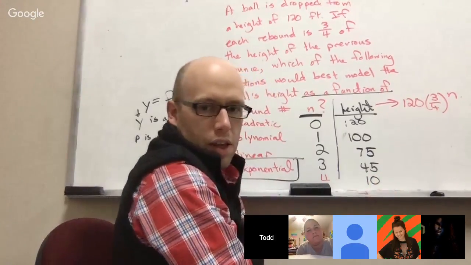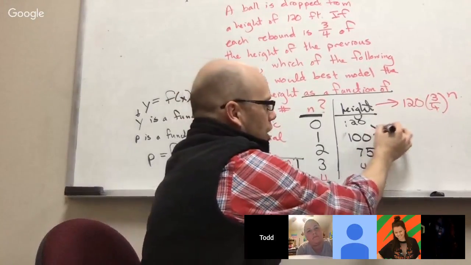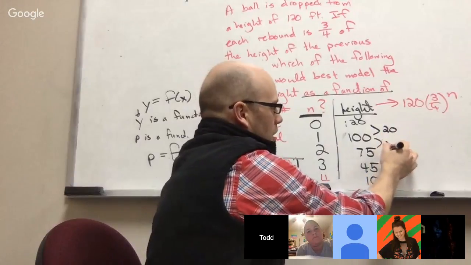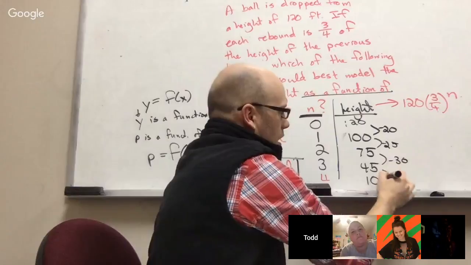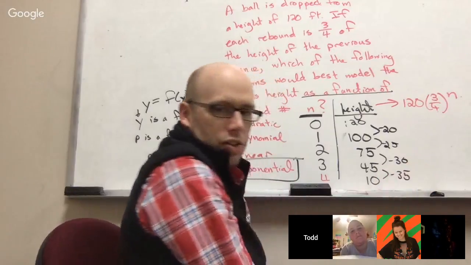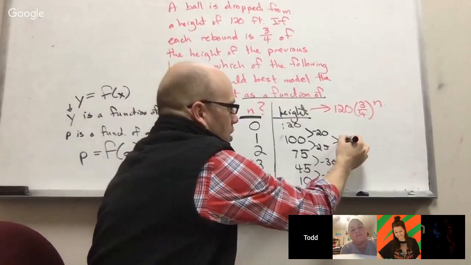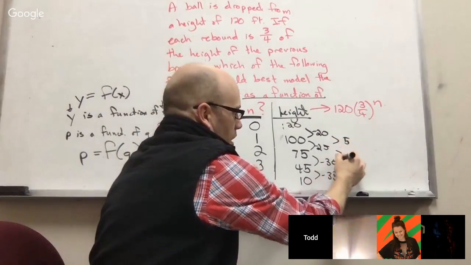Okay. So what we see here is the changes are 20, negative 20, negative 25, negative 30, negative 35. So notice the change is not constant, but the change in the change is.